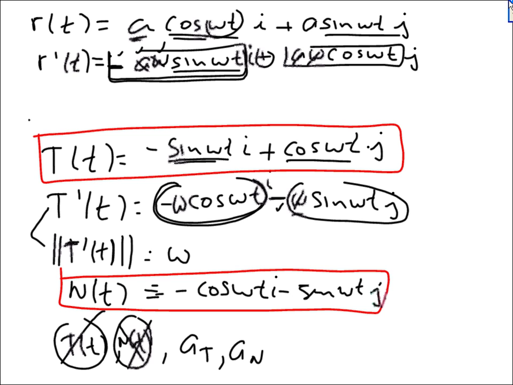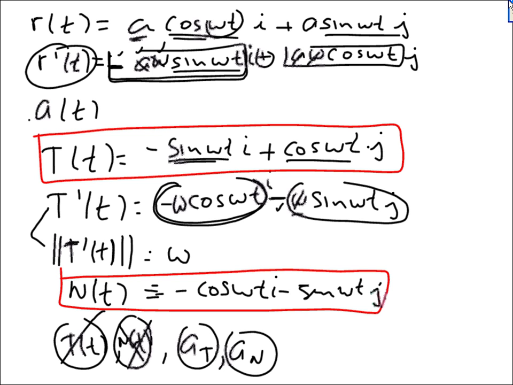Now, I need a of t in order to find these two. I need to find the acceleration vector. But the acceleration vector is the derivative of r prime. And the negative a omega is there, that's a constant, times the derivative of sine of omega t, which is cosine of omega t times omega.